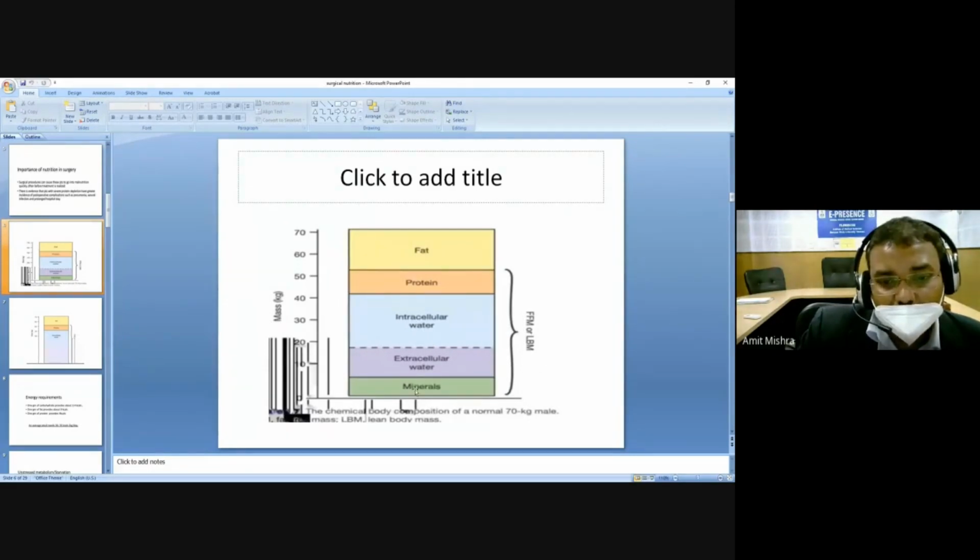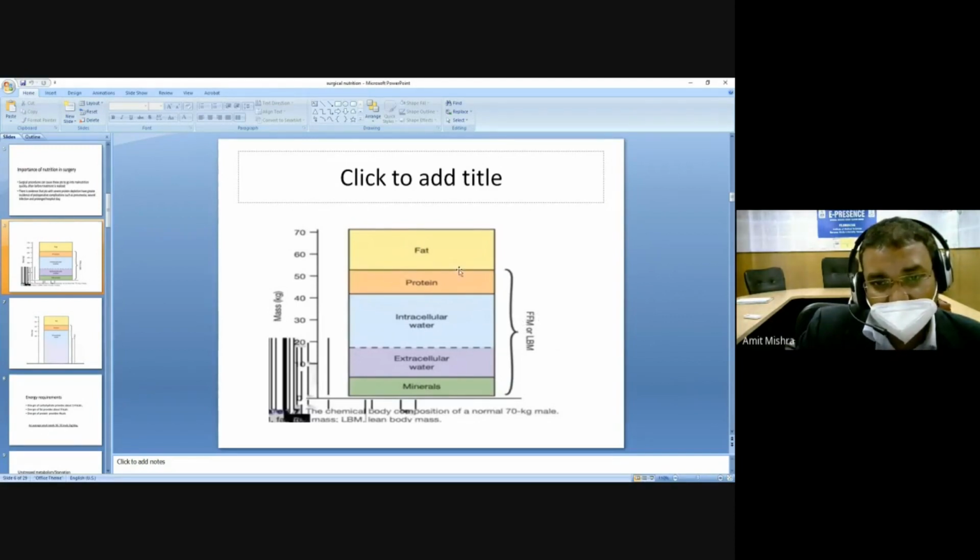So basically, to understand the body's physiological status of an individual, we can see if a 70 kg male is there, this is the fat free mass.